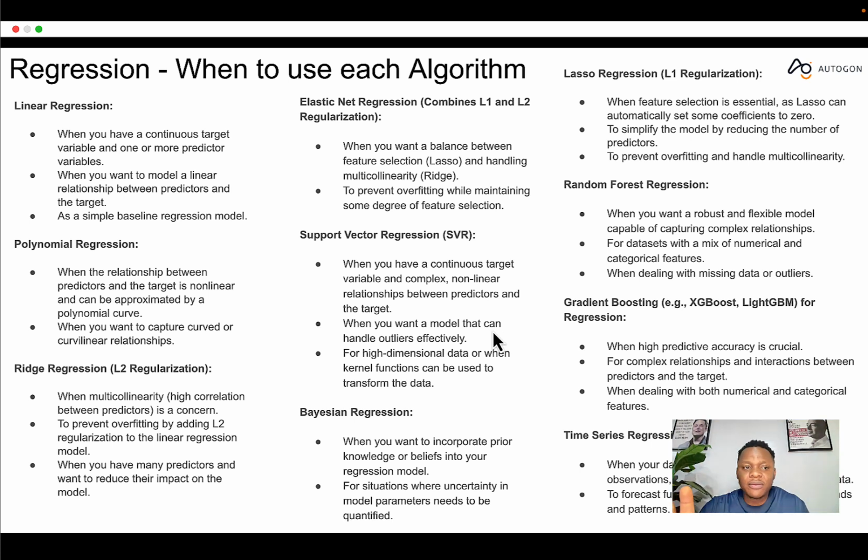So you want to have this particular page as a guide when you're working on regressions, especially when you're working through the studio environment, where you have the ability to choose the kind of regression you want to use.